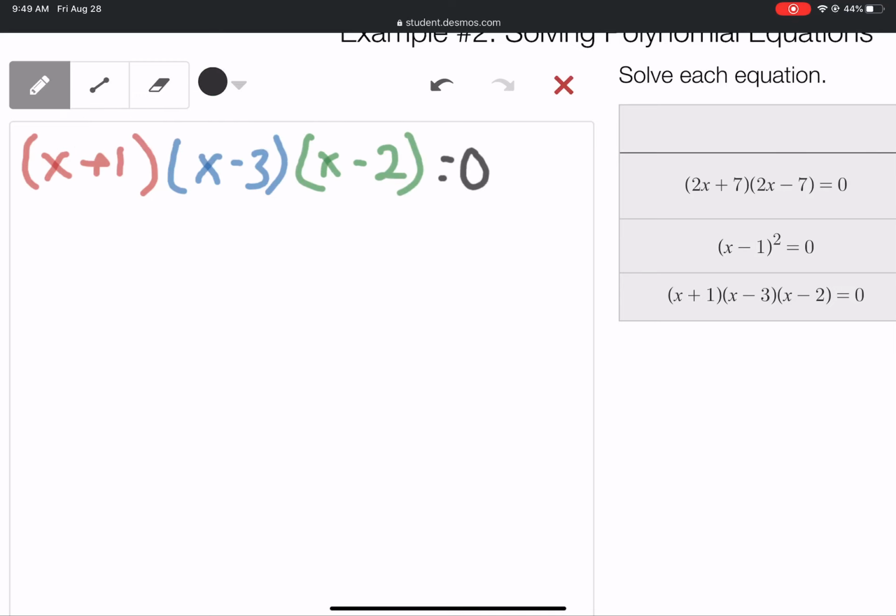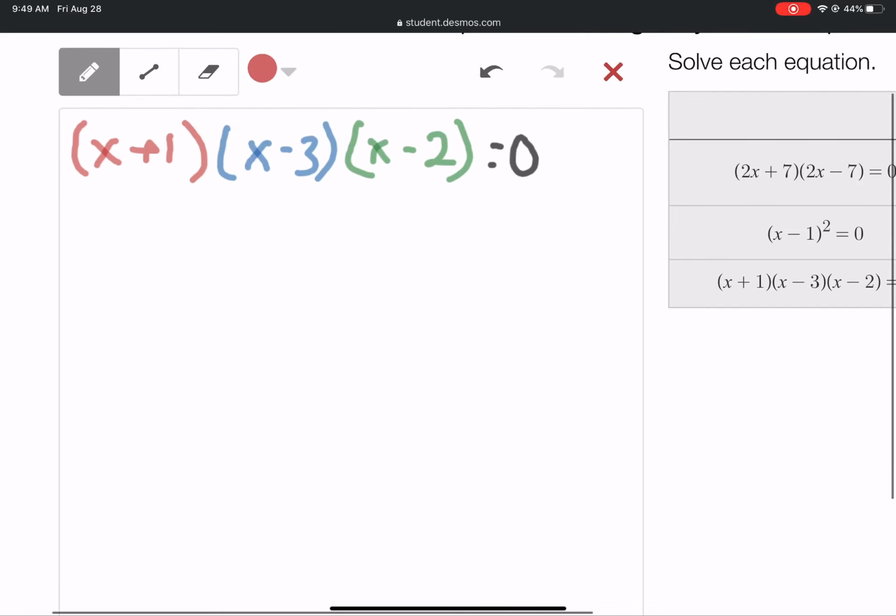So the same thing applies, zero product property. One of these three has to equal 0 in order for the equation to be true. So what I'm going to do is I'm going to set each part equal to 0. So x plus 1 equals 0. X minus 3 equals 0. And x minus 2 equals 0.